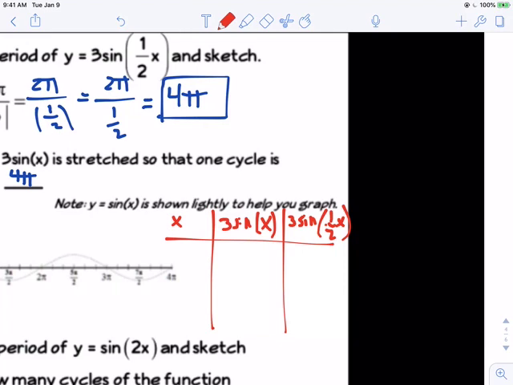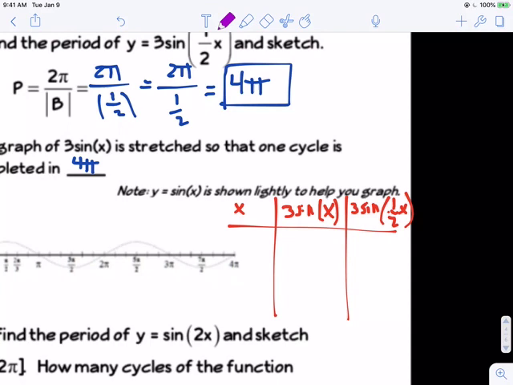This is the one I want to graph. X. What are some good values we should plug into sine that we know? We can evaluate sine at. Give me some ones that we know. Okay, we know 2 pi, we know negative 2 pi, we know pi, we know pi over 2, 2 pi over 3. Those are what you want to substitute for x, right?